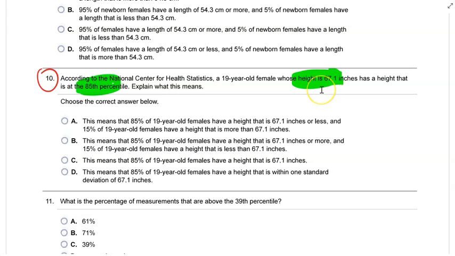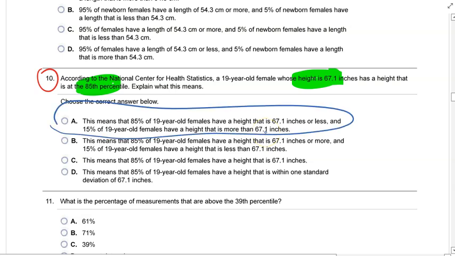It's similar to previous questions. How do you interpret percentile? This means that 85% of 19 year old females have a height that is 67.1 inches or less, and 15% of 19 year old females have a height that is more than 67.1 inches. Okay, that's similar to what we did before.